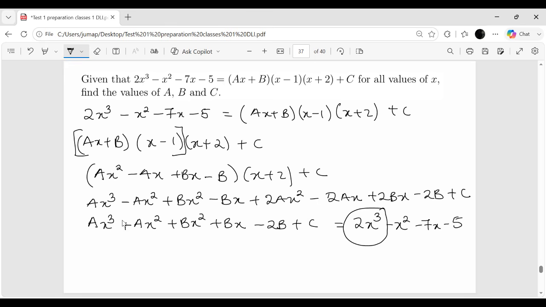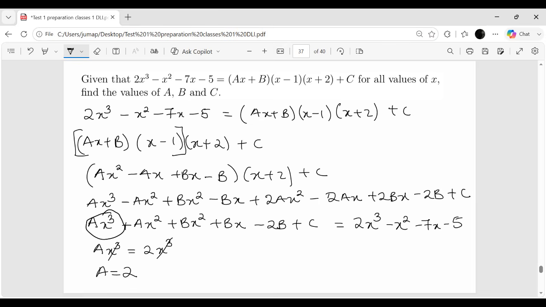So in this case, we have ax to the power 3 is equal to 2x to the power 3. Then here you can cancel the x to the power 3. As a result, your a is equal to what? To 2. Are we together?